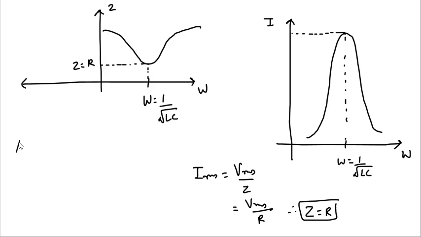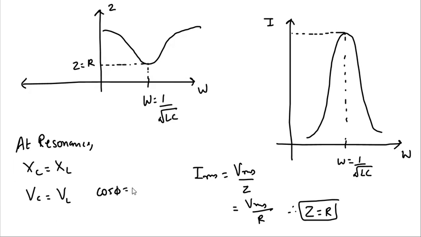At resonance, XC will be equal to XL, VC will be equal to VL, and cos phi is R by Z. Since Z is equal to R at resonance, cos phi will be 1. Okay, so this is how you have to solve questions and derivations of LCR circuit and resonance.